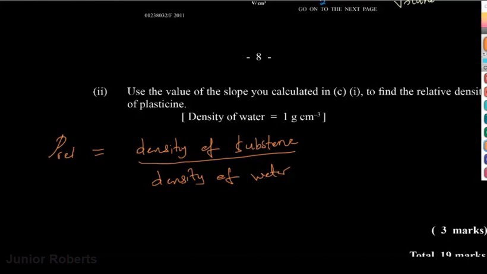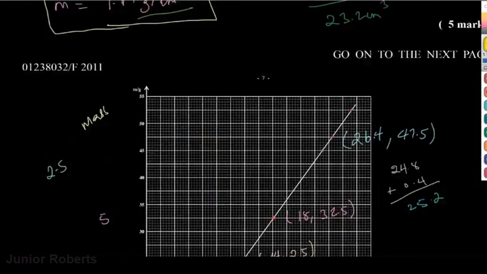Now in this case, they give us the density of water as 1 gram per centimeter cube. So we'll write that the relative density of plasticine is equal to the density of plasticine, because that is our substance, divided by the density of water. We're going to scroll back up to look at our value for the density of plasticine.